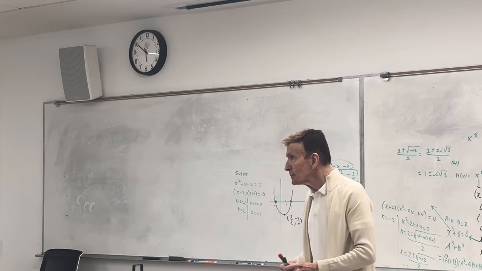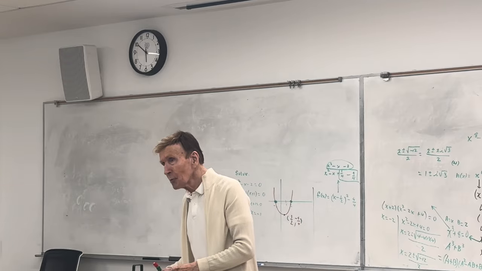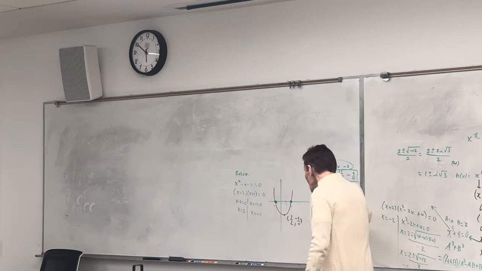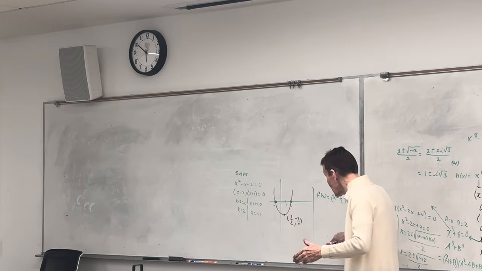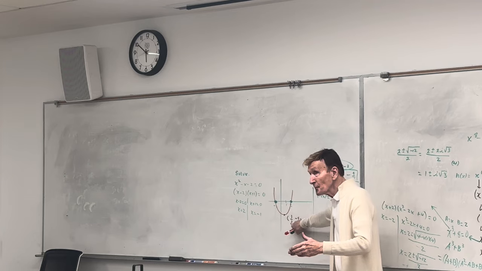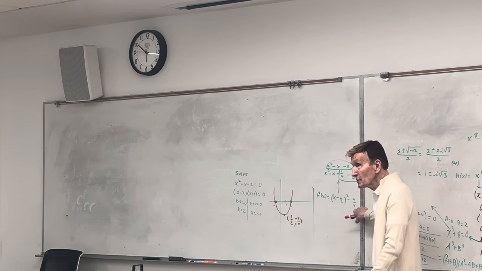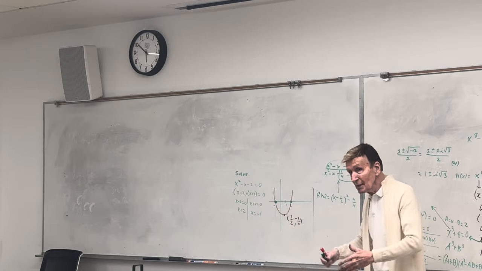What's that one word? Transformations. I changed it into a form where you should see the transformation. This right here says you're supposed to move out horizontally, the horizontal shift to the right 1/2. There it is. And a vertical shift down what? Down 9/4. So I have a horizontal shift and a vertical shift put together. There's my vertex.